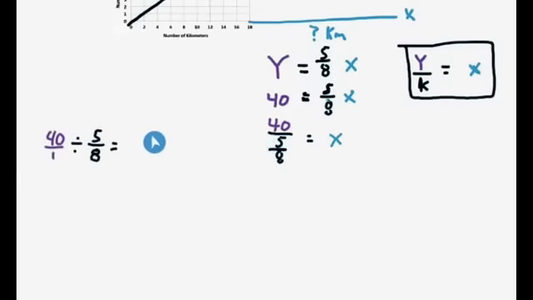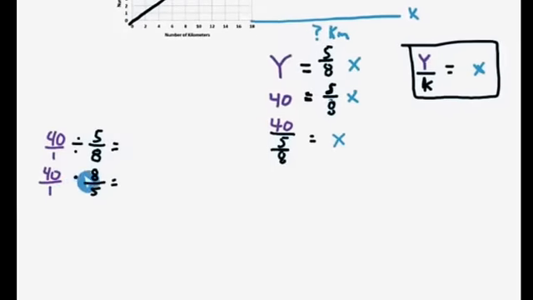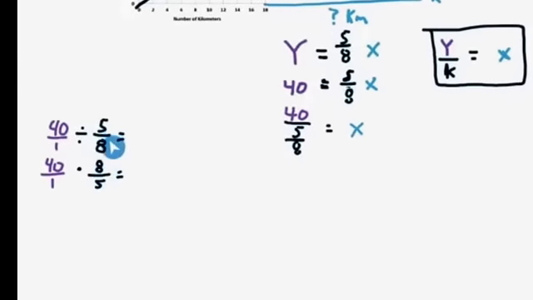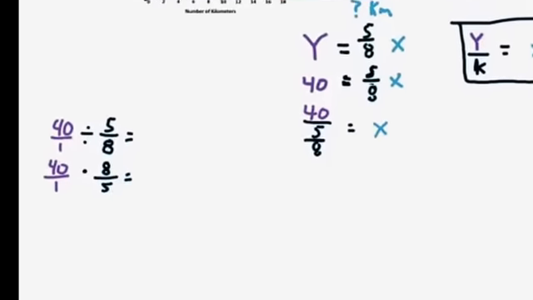So here's what that problem translates to: 40 wholes, 40 over 1 divided by 5/8. What equivalent multiplication problem can we write to solve that division problem? That equivalent multiplication problem is 40 wholes times the reciprocal of 5/8, 8/5.